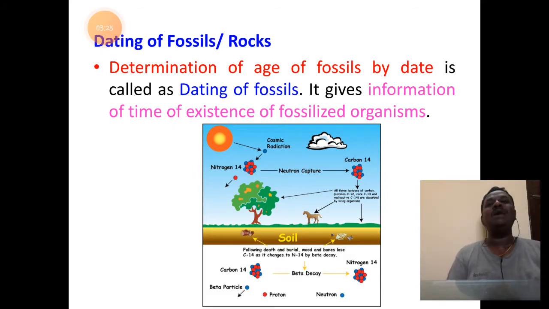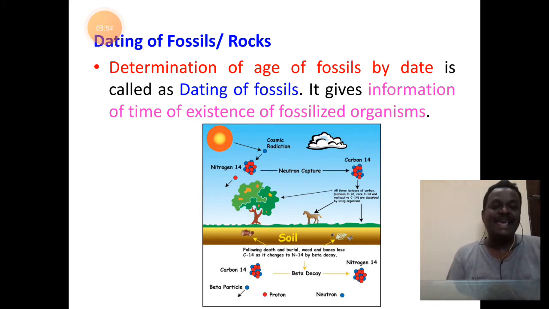Then how do we go about the age determination for a fossil? It is by a technique called dating of fossils or dating of rocks. Dating of fossils or rocks is defined as a process that determines the age of fossils by date.